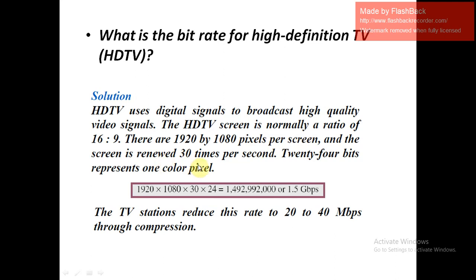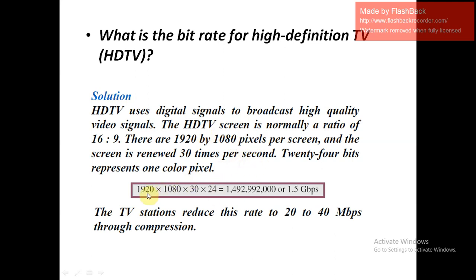To have this moving impact, you need to shift the screen 30 times per second, then only it will be moving. So 30 into 1920 into 1080 is the number of pixels per second.